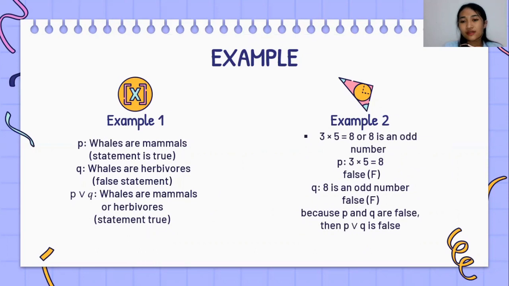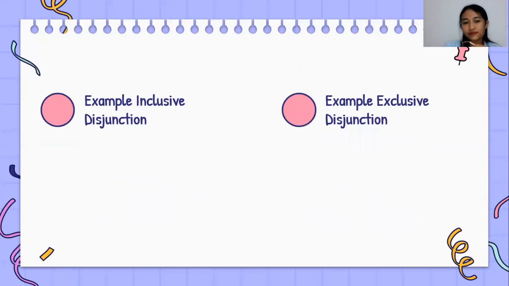In the second, "3 times 5 equals 8 or 8 is an odd number." P is "3 times 5 equals 8." The statement is false. And Q is "8 is an odd number." The statement is false. Because P and Q are false, the proposition P or Q is false.